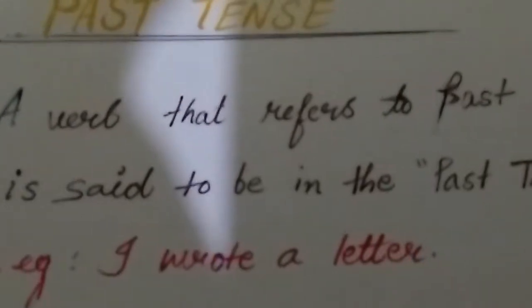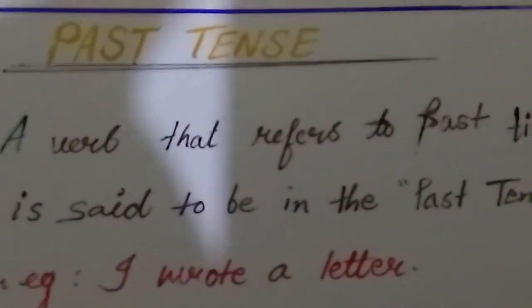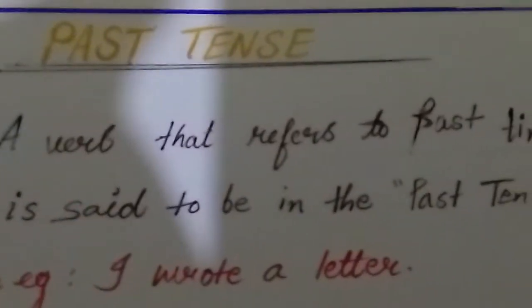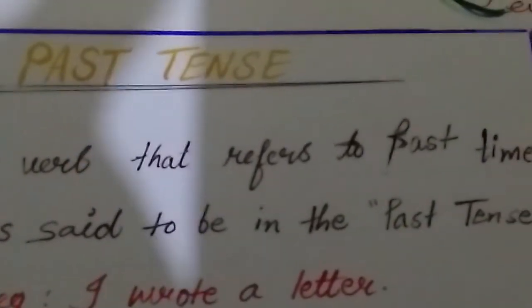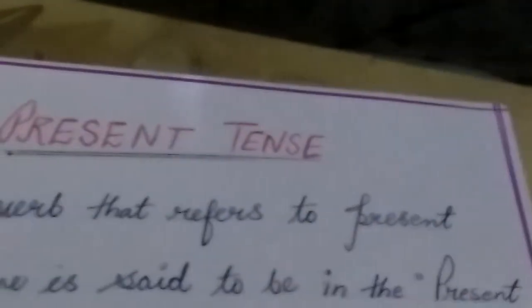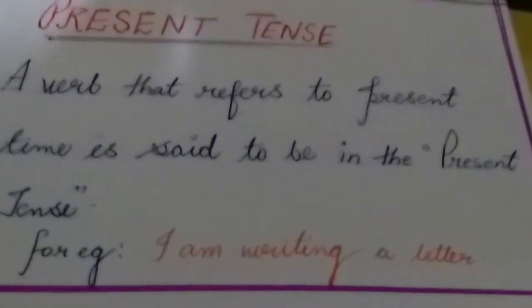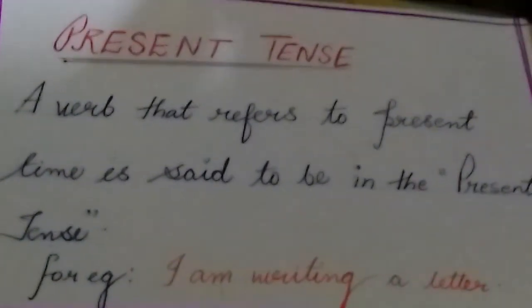Let us think about the relationship of present time and present tense. A verb that refers to present time is said to be in the present tense. For example, I am writing a letter.